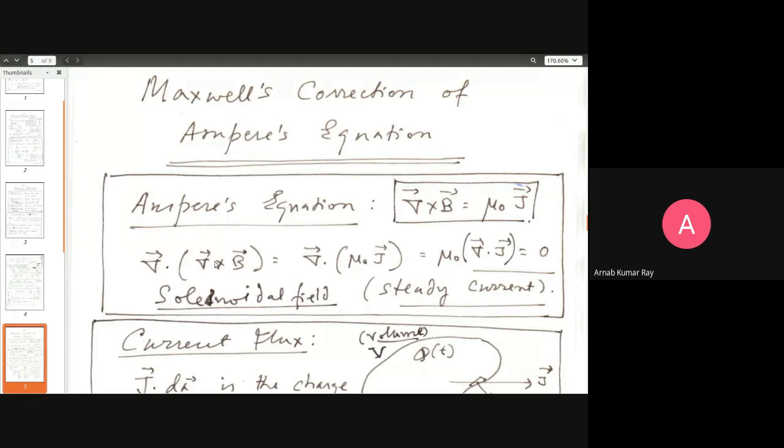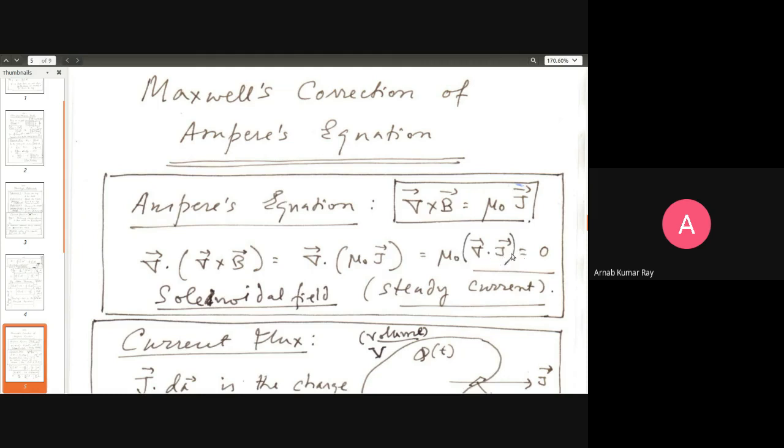But the curl of B is equal to mu naught into J. Therefore, divergence of mu naught J is equal to 0. Mu naught is a constant and divergence is a differential operation, so mu naught comes out of the derivative. Mu naught into divergence of J is equal to 0. Mu naught is a non-zero constant. Therefore, divergence of J is equal to 0.